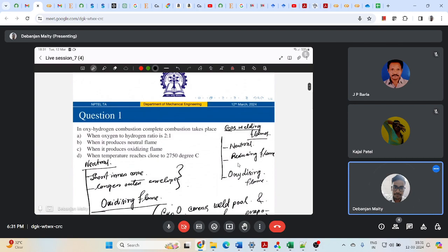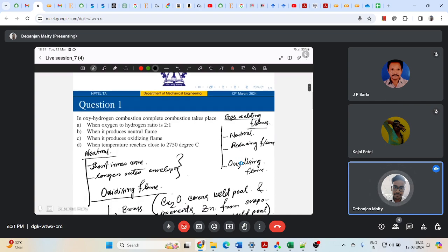So why don't we try to answer a few of those questions which cover this part. In my first question, I asked: in oxyhydrogen combustion, complete combustion takes place when the oxygen to hydrogen ratio is 2 to 1. Is it true?